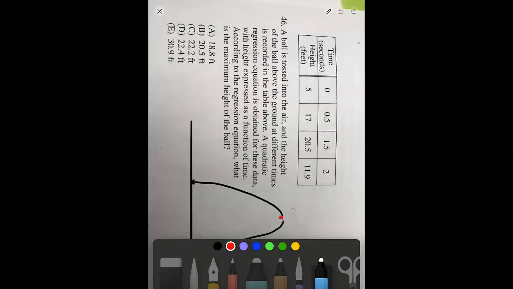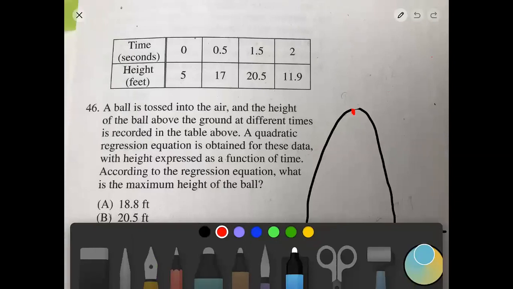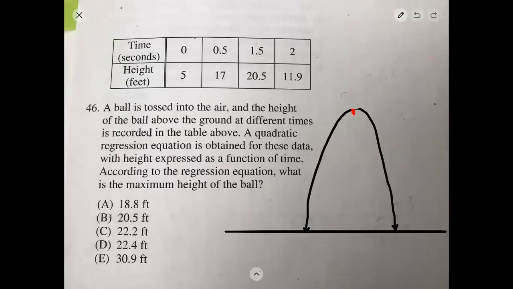All right, so let's jump into the problems. Let me get this oriented. All right, so let's read this and then I'm going to go through it. It says a ball is tossed into the air and the height of the ball above the ground at different times is recorded in the table above. And then it says a quadratic regression is obtained for these data with height expressed as a function of time.